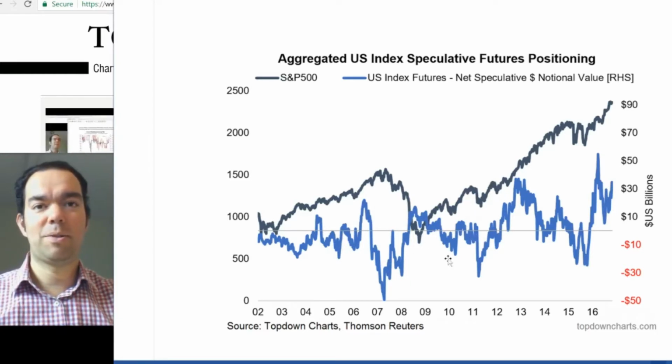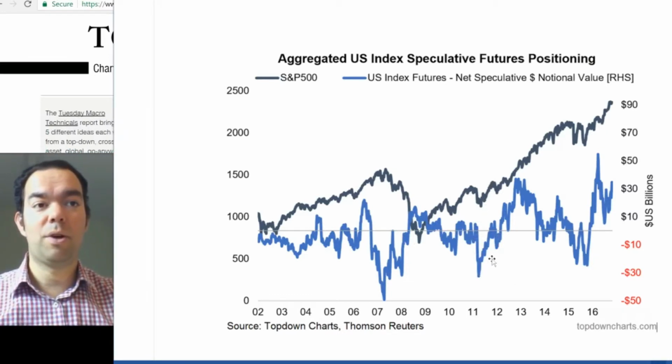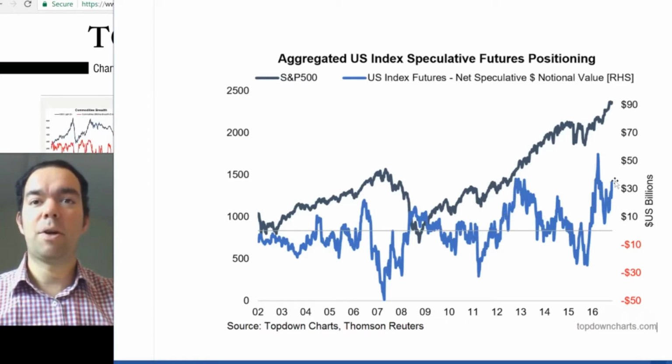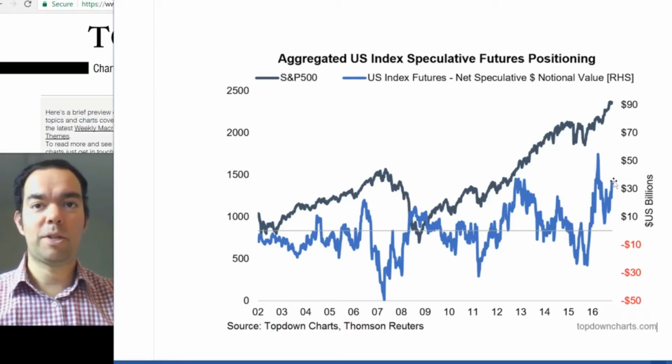Typically, it seems to work a lot of the time as a contrarian indicator. You tend to get a very big build up in short side leverage around the market bottom. The point here was just to highlight the level of it, because in relation to the margin debt story, a lot of people have been focusing on the level of margin debt.